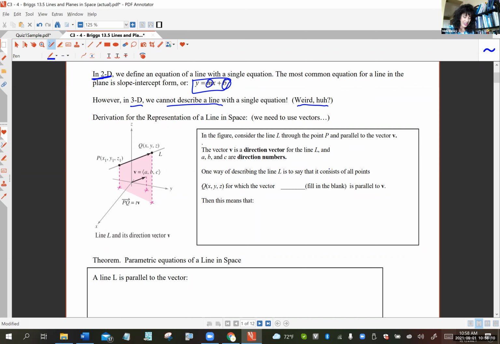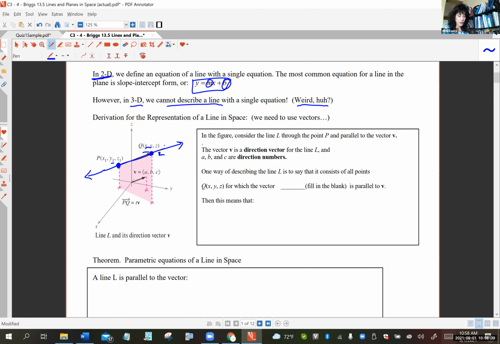So if you look at my little diagram here, the line L is this line right here. And I'm going to put little double arrows on it because it does go on forever, up and down or whatever it's doing. And they did put a couple of points on the line, just some arbitrary points, P and Q. And P, they gave specific coordinates, X1, Y1, and Z1. And Q is sort of more arbitrary. We can move Q wherever we want.